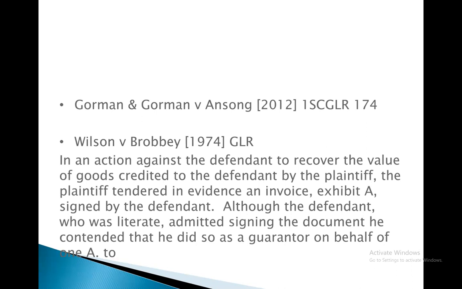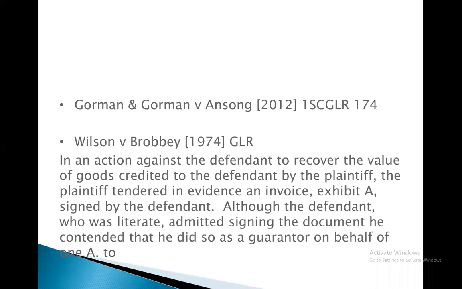Now, although the defendant was literate, during the trial, he admitted signing the document, but he insisted that when he signed it, he was signing it as a guarantor on behalf of another person, and he was not signing it as an invoice he has committed himself to accept as being responsible for whatever the invoice related to.